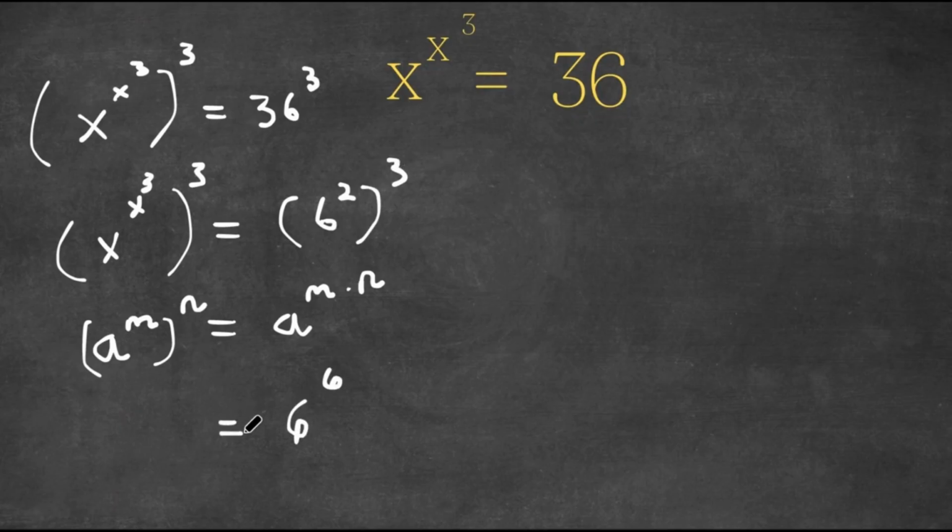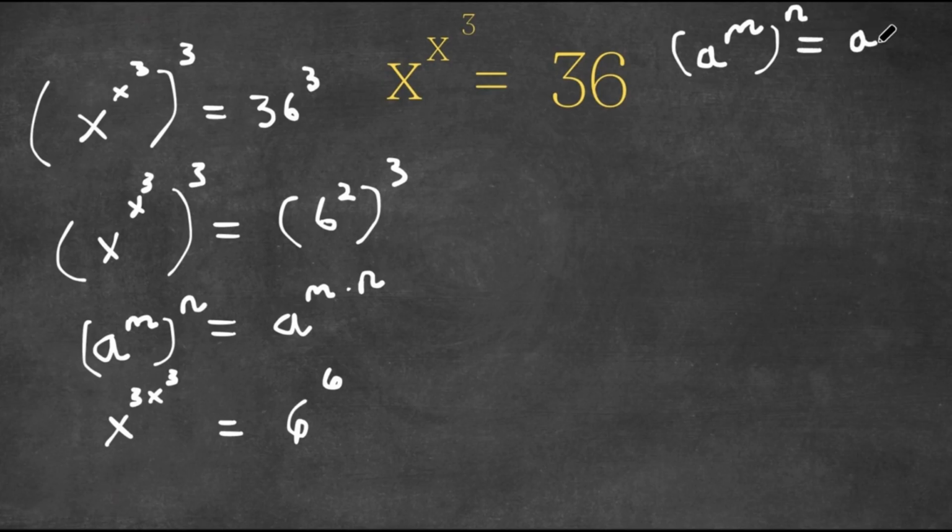And in this case, the left side would equal x to the power of (3x to the power of 3). Now, if we have something in the form (a to the power of m) to the power of n, this is also equal to (a to the power of n) to the power of m.